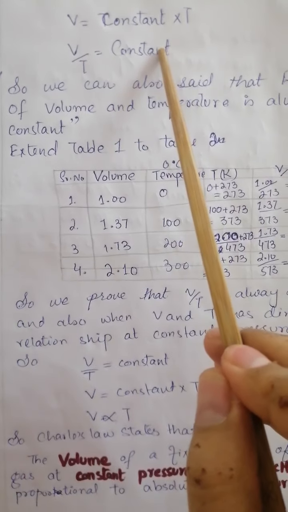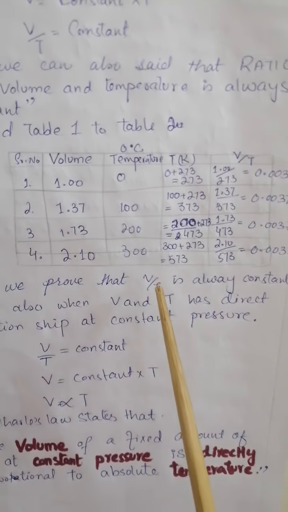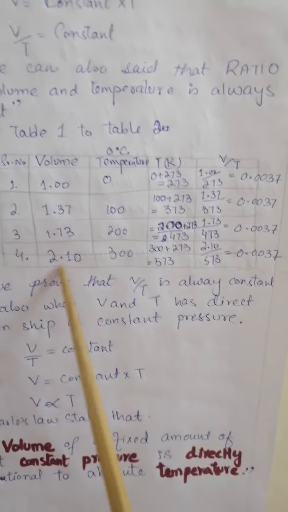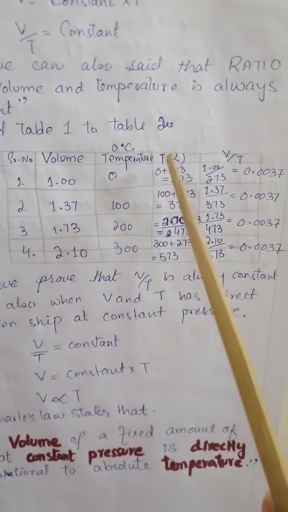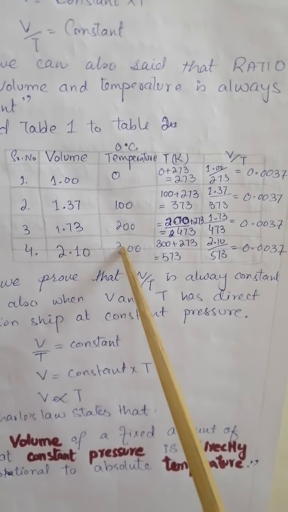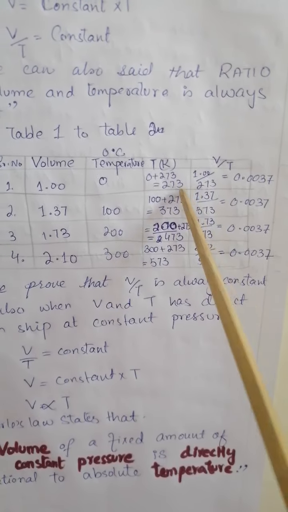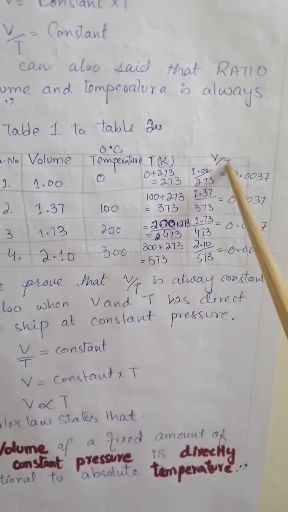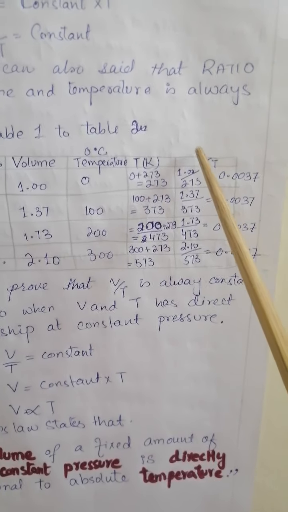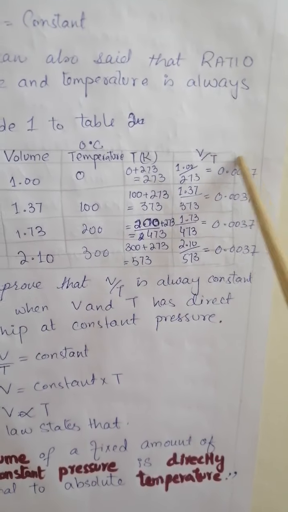To prove this statement, let's extend our table 1 into table 2. As I already told you, temperature should be in Kelvin, so we convert temperature into Kelvin, and then we put the values of volume in decimeter cube and the values of temperature in Kelvin.